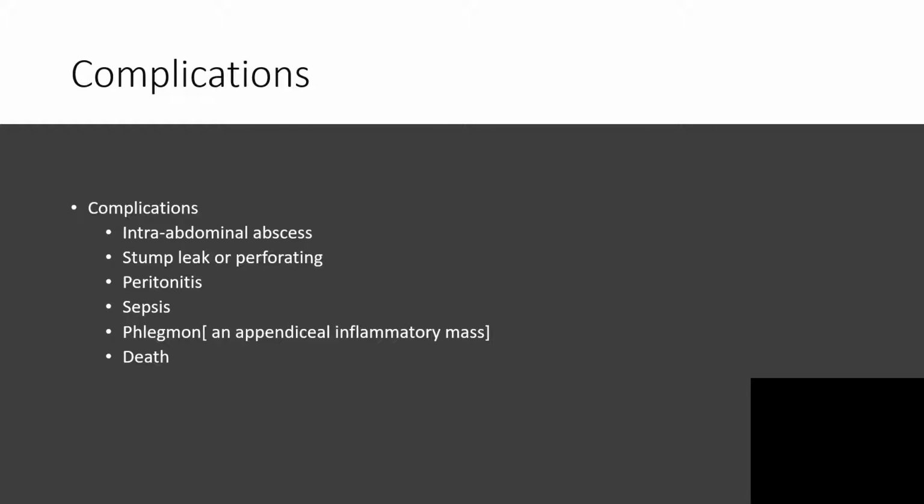It's possible to have stump leak or perforation, in which case there will be peritonitis, and you just have to act quickly, or else the patient will be dead. I've just mentioned peritonitis. Sepsis is possible, and phlegmon and appendicular inflammatory mass is also possible.